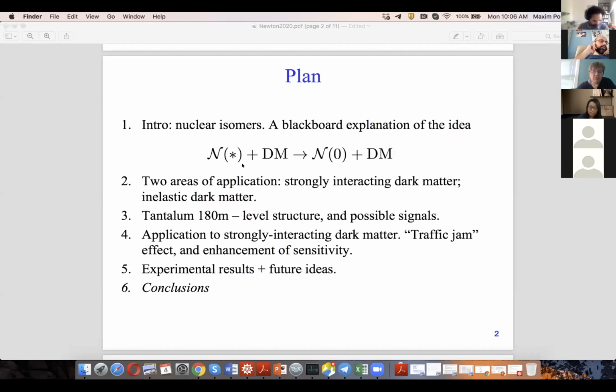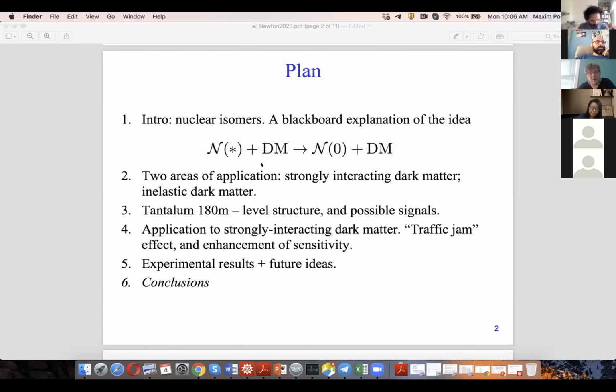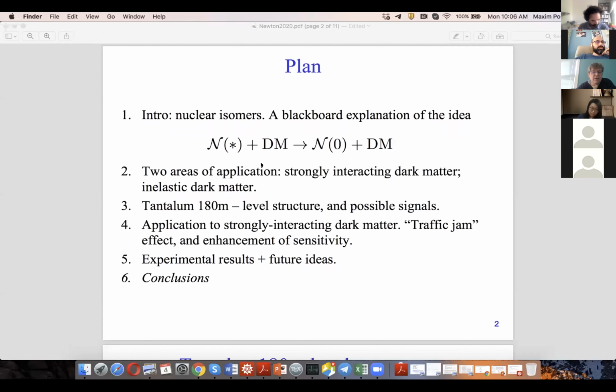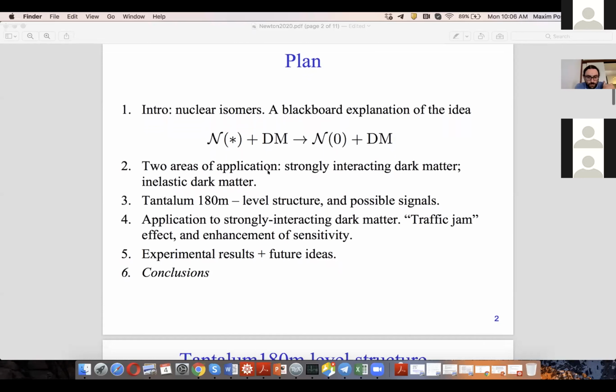So here we consider a possibility of a sort of niche dark matter search. Okay, so if you have dark matter, the main thing important for us: if it's a 100 GeV or TeV particle, you can have a momentum transfer between the nucleus and the dark matter comparable to the inverse nuclear size.